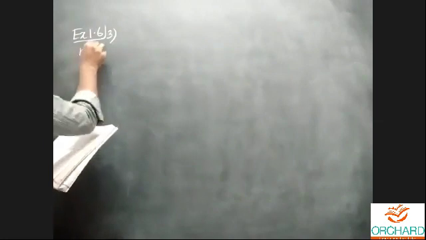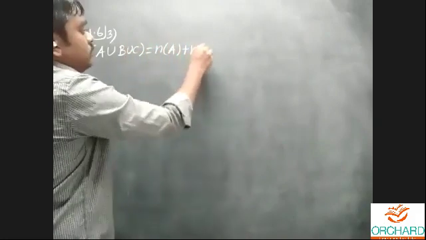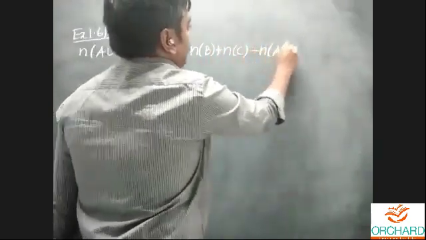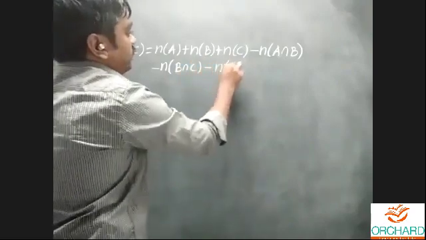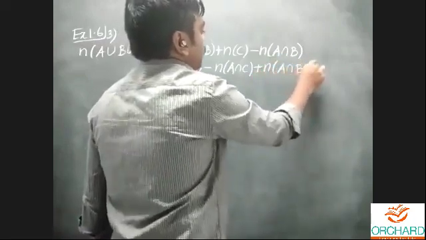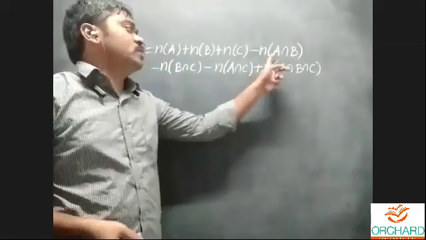Exercise number 1.6, third one. N of A union B union C is equal to N of A plus N of B plus N of C minus N of A intersection B minus N of B intersection C minus N of A intersection C plus N of A intersection B intersection C. The intersection between two sets alone is minus.